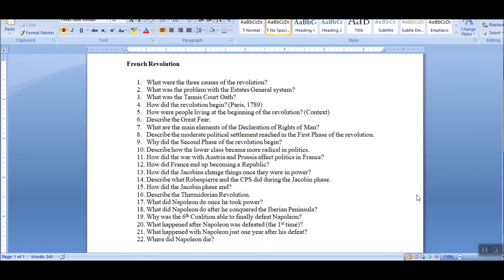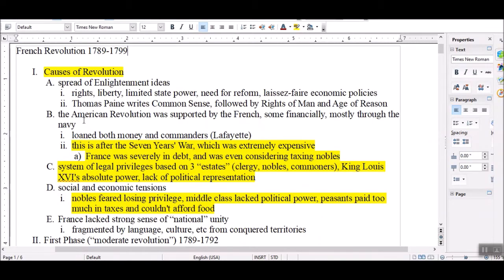All right, so what were the 3 causes of the revolution? Well, you can refer back to this first part that we just covered. So France severely in debt after the 7 Years' War and the American Revolution. And so they were raising taxes, even considering taxing the nobility. That's 1. 2 would be just the setup of the system of legal privileges based on the 3 estates.